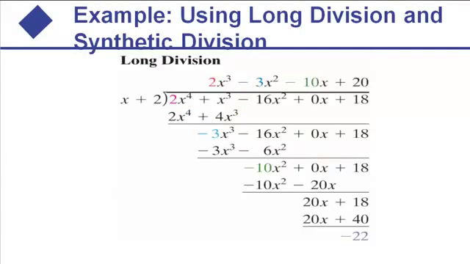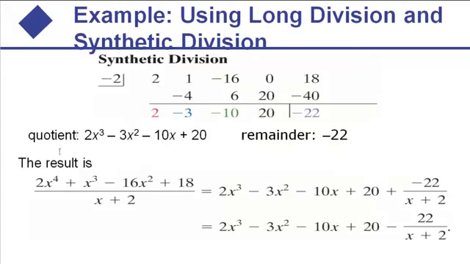Now, if we go back here, see, here's that same quotient. The 2x cubed minus 3x squared minus 10x plus 20. Okay, so you get all the same things. So if we take our original polynomial divided by x plus 2, we get this quotient plus our remainder. Remember, our remainder is always divided by that original thing. Okay?